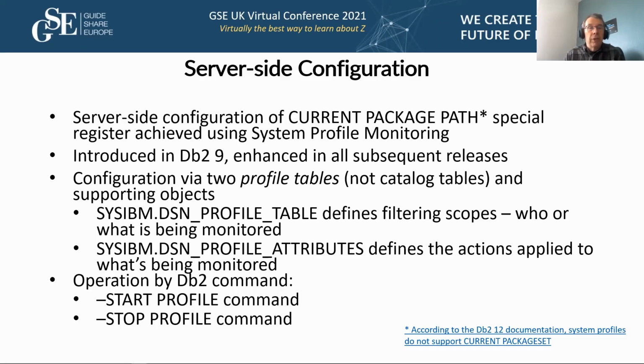And those are configured via two profile tables. They're not catalog tables, and they have a number of supporting objects, such as the history tables, and we'll talk a little bit about the history tables in a minute, and indexes. So sysibm.dsn_profile_table defines the filtering scopes, who, in terms of an auth ID, or what is being monitored.